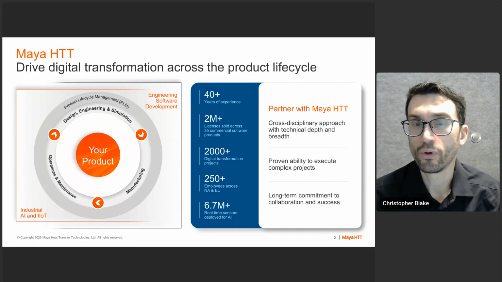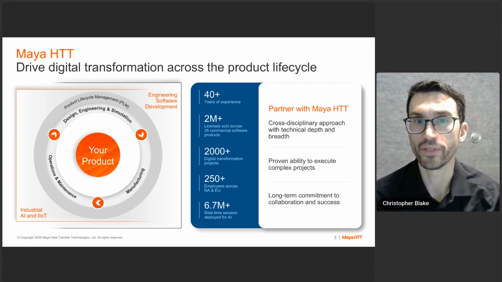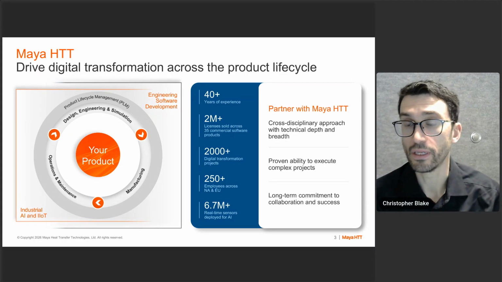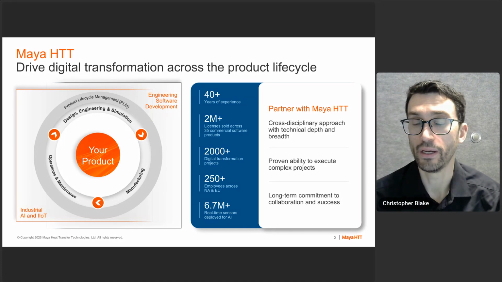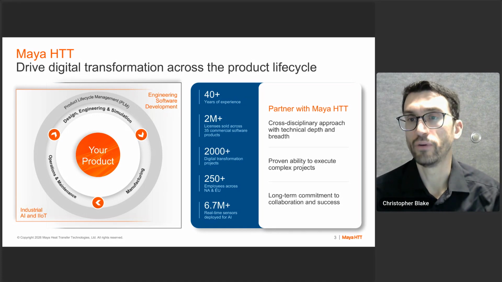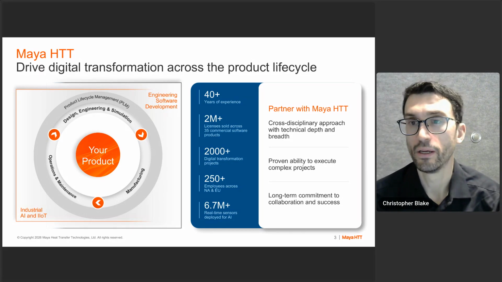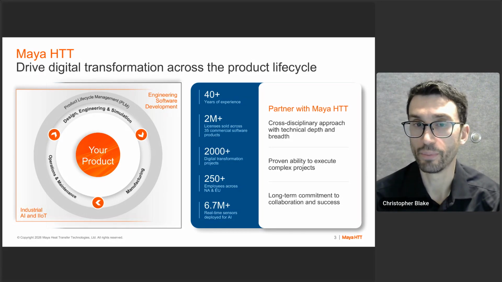So we're what you'd call an engineering solutions company. We've been in business for over 40 years and have offices in the United States, in Canada, in the UK, and in France. We really have, I would say, three main business units to our company.